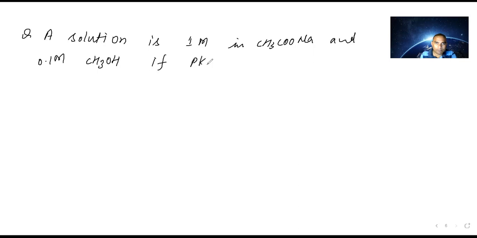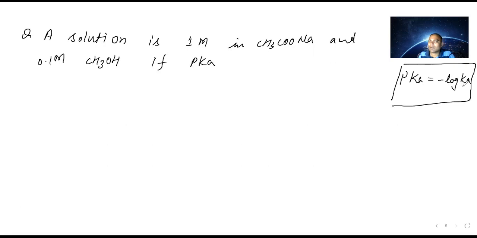If pKa is defined as negative log Ka, it is used in the calculation. pKa is nothing but the negative logarithm of Ka. Ka means the acid dissociation constant, just like the equilibrium constant I told you about during the ionic product of water.